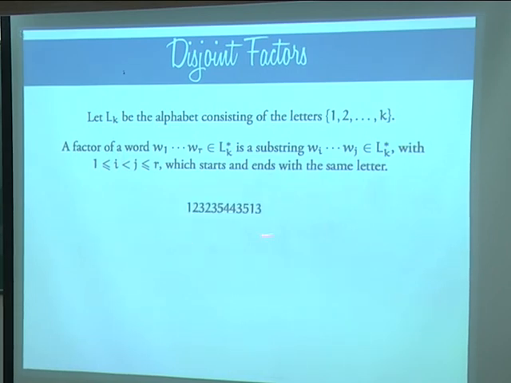You are given a string on these characters 1 to k, and what is a factor? A factor is a substring which starts and ends at the same character. Okay. So, that for example, is a 1 factor. It starts at 1 and ends at 1.